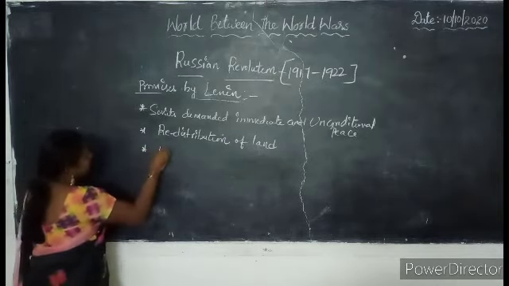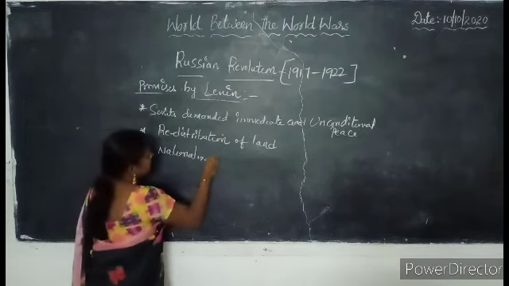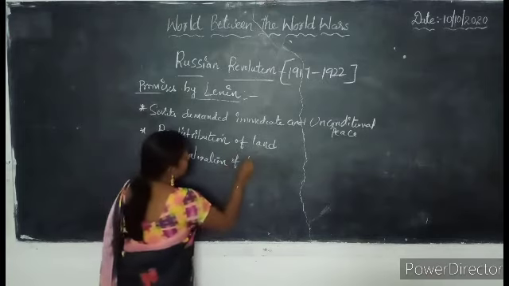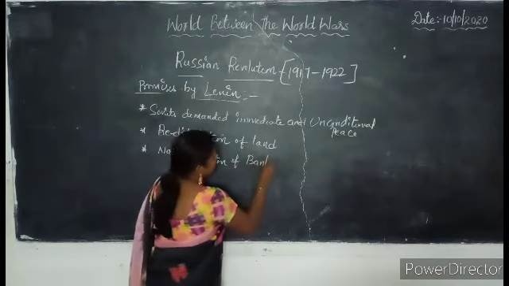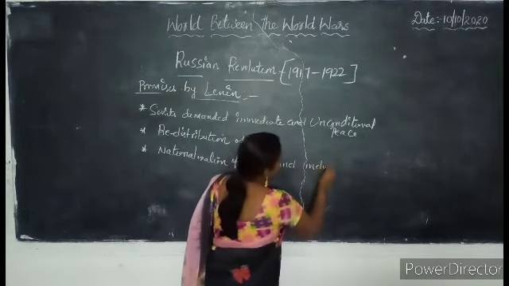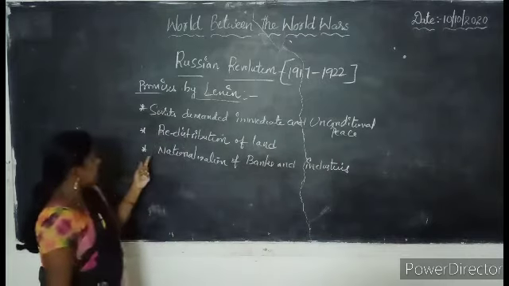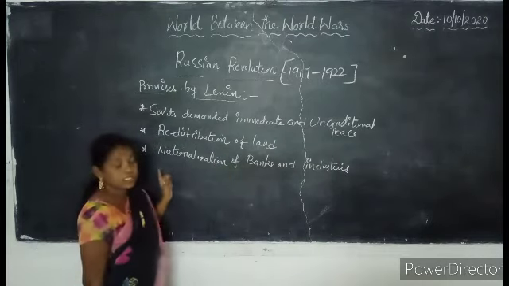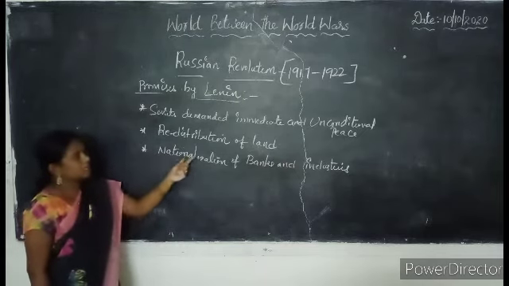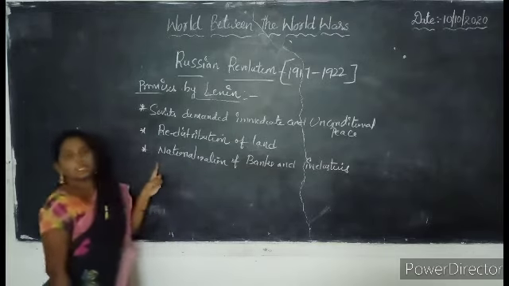Next thing, nationalization of banks and industries. What is the benefit of the nationalization of banks and industries in Russia? What is the meaning of nationalization? Nothing but the banks and the industries come under the government.